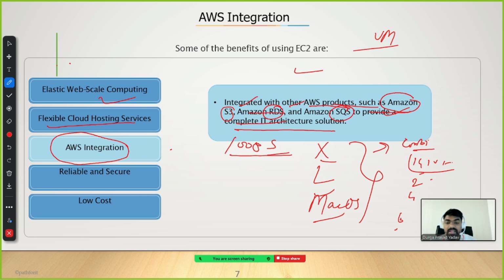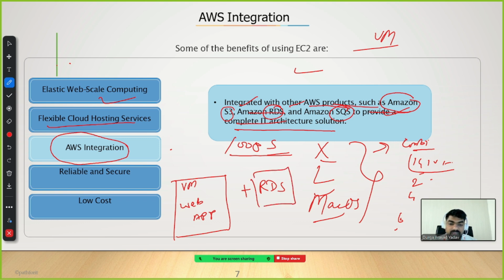It means that if you create a virtual machine here and want to keep your web application on it, you can separately add RDS for the database. This will provide the web related service, and this will provide the database related service.